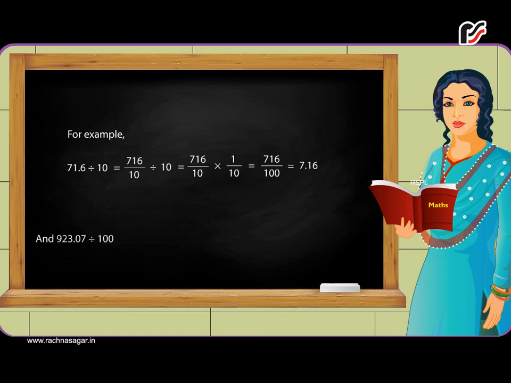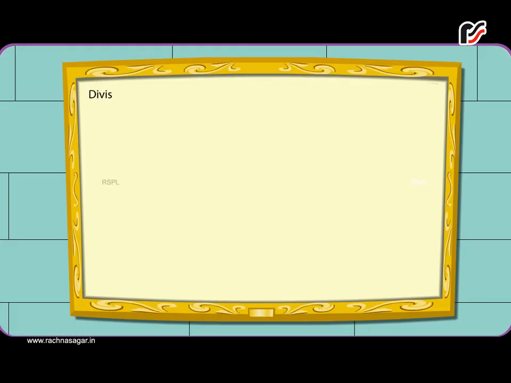And 923.07 divided by 100 is equal to 92,307 by 100 whole divided by 100 is equal to 92,307 divided by 100 whole multiplied by 1 by 100 is equal to 92,307 by 10,000 is equal to 9.2307.